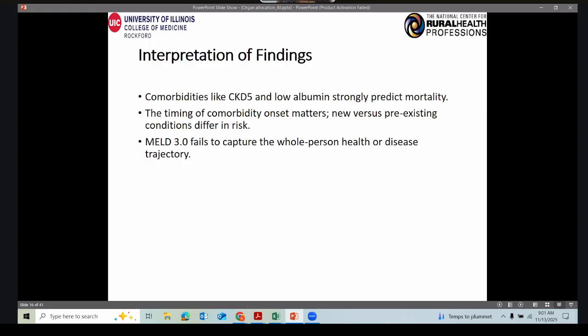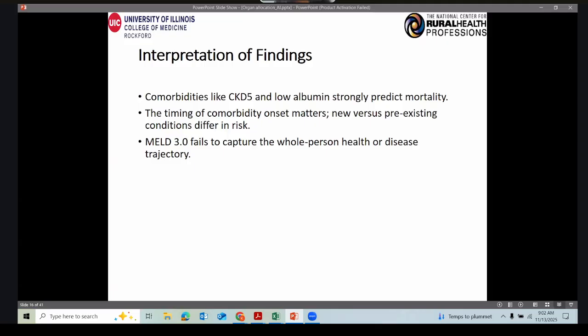So it's not just what comorbidities a patient has, but also when they occur that influences risk. This highlights the importance of monitoring patients dynamically rather than relying on a single time point assessment.